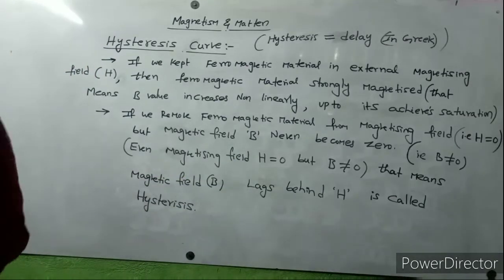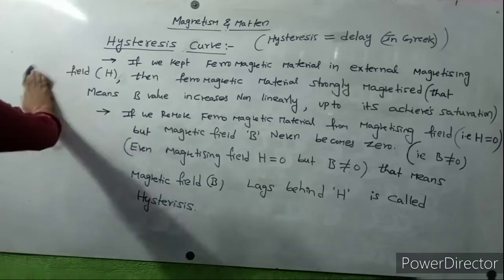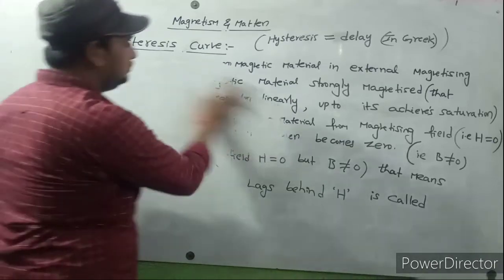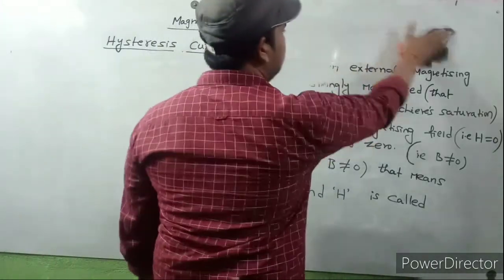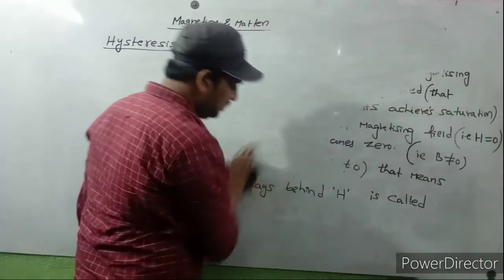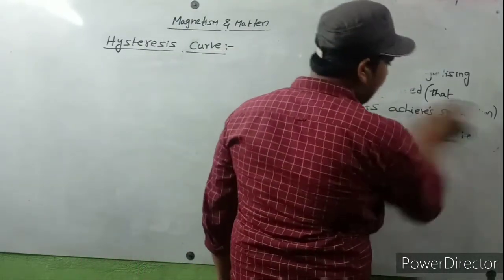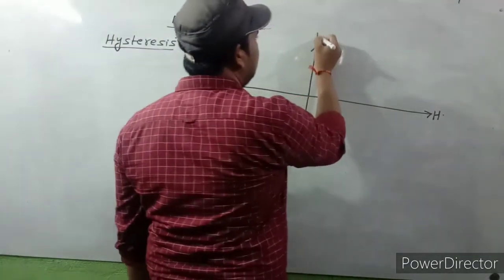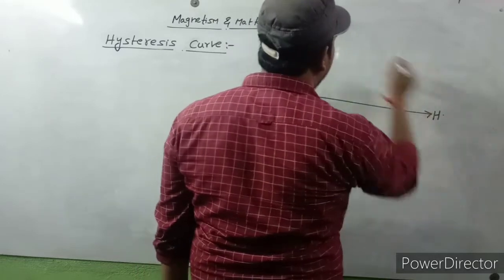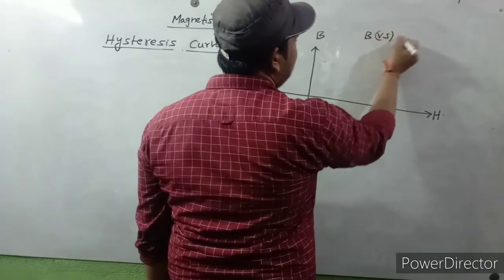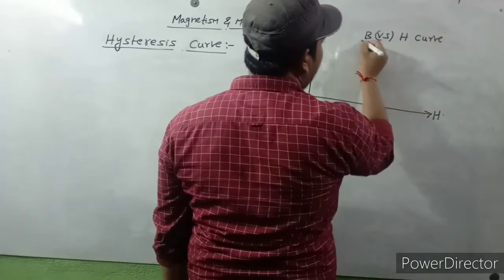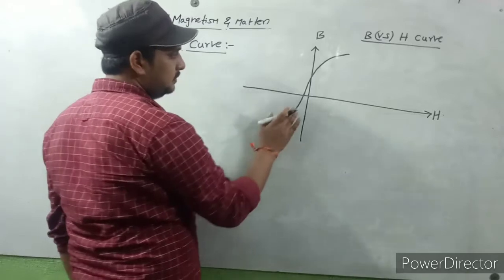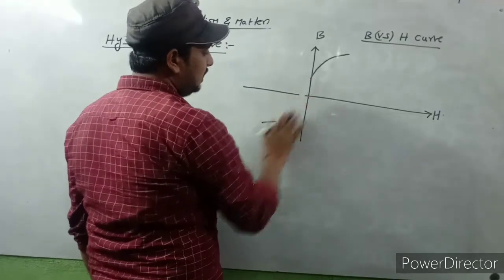Next, I will draw the diagram here and I will tell. Observe this curve carefully. This is the magnetic field versus H curve, the B versus H curve. We get a curve like this.